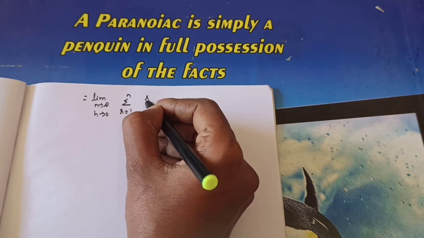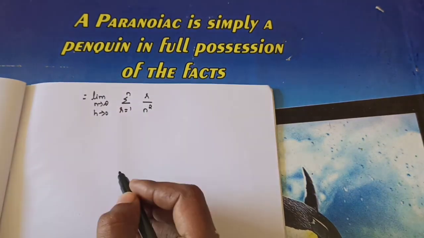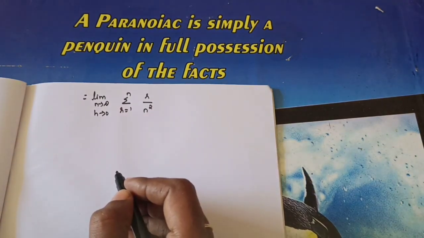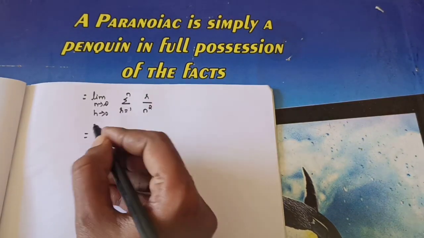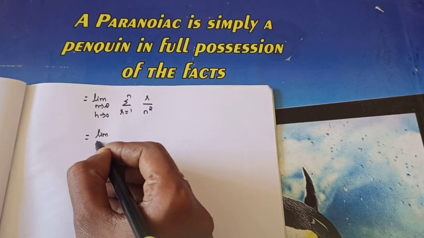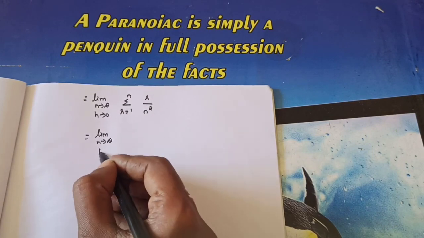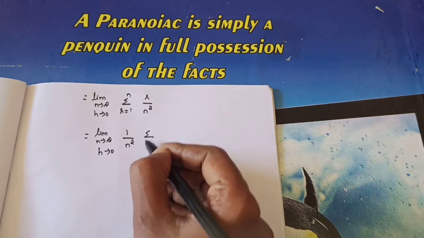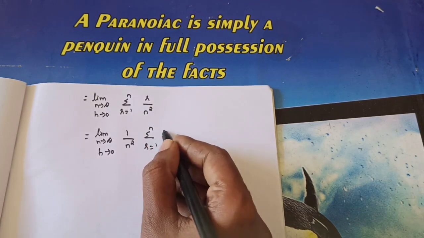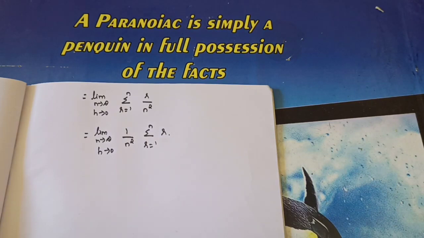What's the value we'll get? r by n square. I multiply. Okay. So here we can take the constant terms outside. Only for r is the summation. So limit n tends to infinity, h tends to 0, 1 by n square we can take outside. So summation r equal to 1 to n r. Have you all understood, students?